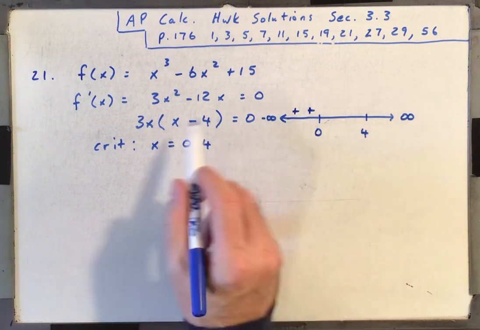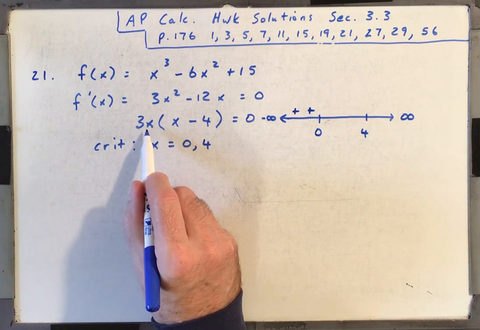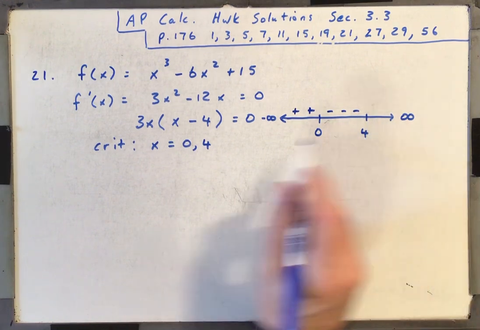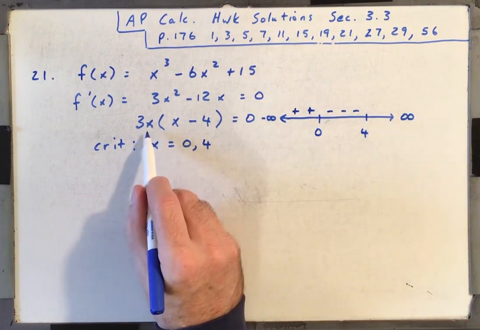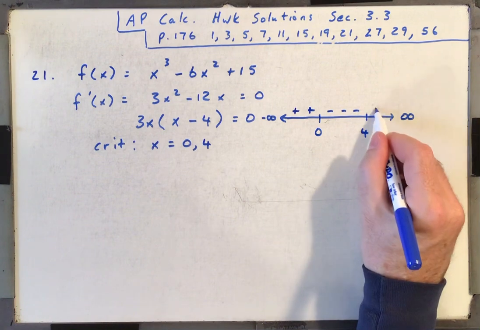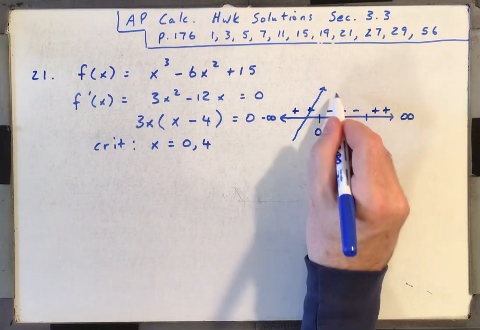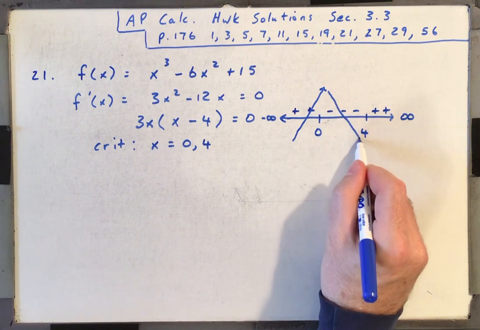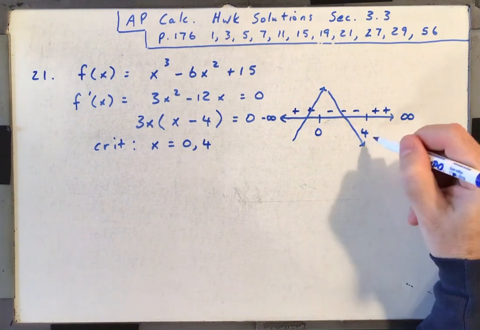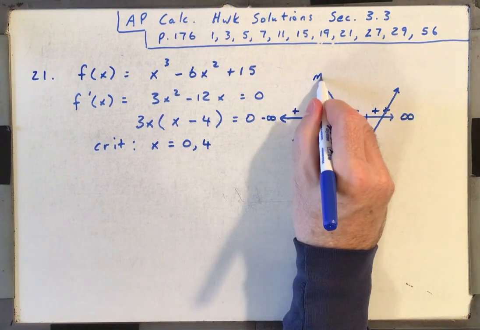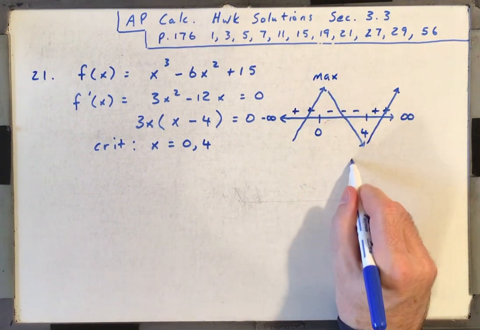Between 0 and 4, I'll always pick 1 if you can, so that'd be positive times negative, so negative. And then we can pick 10 if you want to the right of 4, positive times positive, that's positive. So we're increasing, decreasing, increasing. Hey, so we have both a max and a minimum.